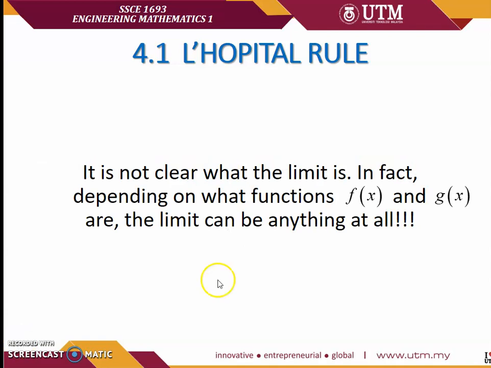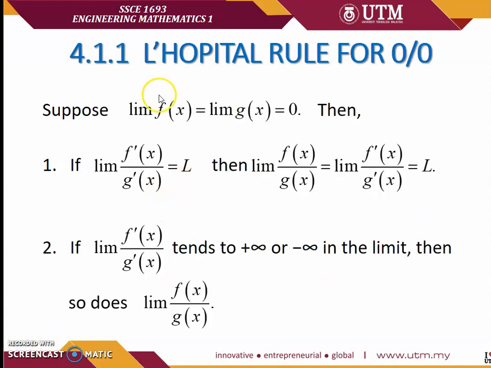It is not clear what the limit is because we don't know the value of 0 over 0. In fact, it depends on what the functions f(x) and g(x) are. If we did not obtain 0 over 0, we can have a normal value of limit. So this is L'Hopital rule for 0 over 0. Suppose the limit of f(x) and the limit of g(x) is equal to 0, as in the previous example.